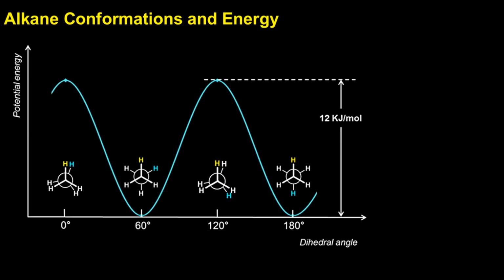Let's take a look at the energy graph of ethane as we rotate the rear carbon from 0 to 360 degrees. The y-axis shows energy in kilojoules per mole, and the x-axis tracks the dihedral angle as the molecule rotates. The graph follows a repeating pattern, with peaks at 0 degrees, 120 degrees, and 240 degrees.